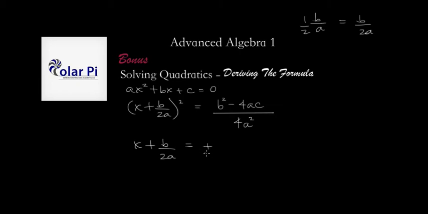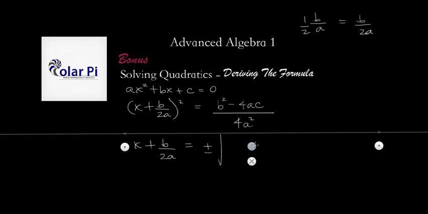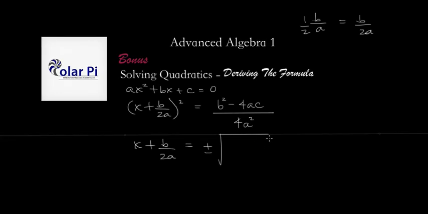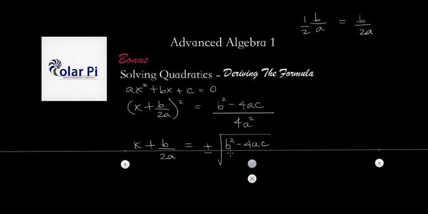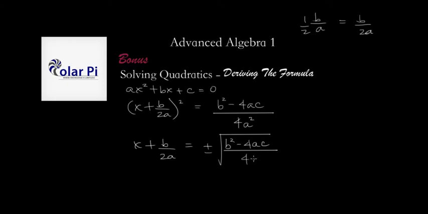So plus or minus the square root of b squared minus 4ac, divided by 4a squared.